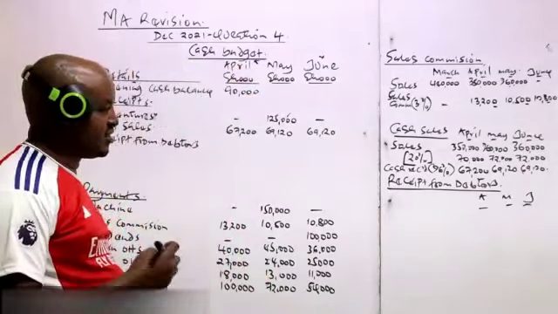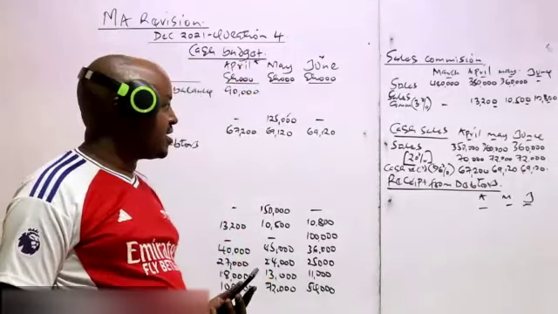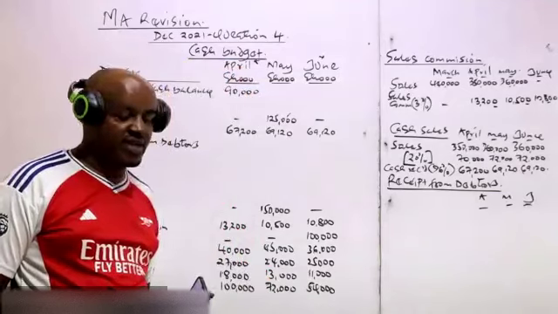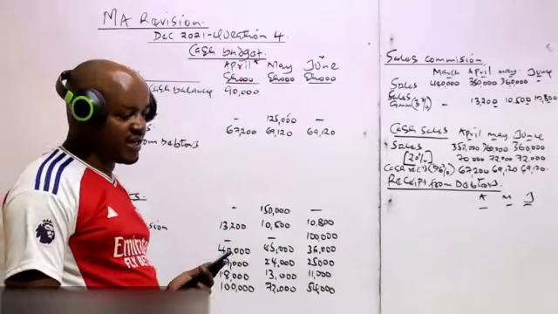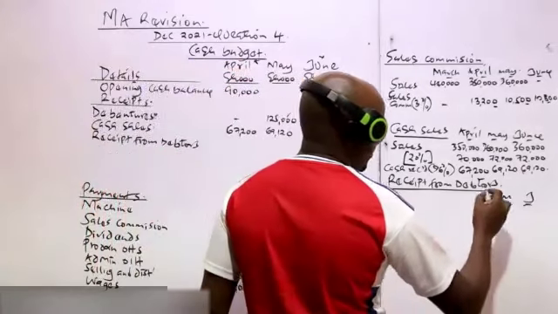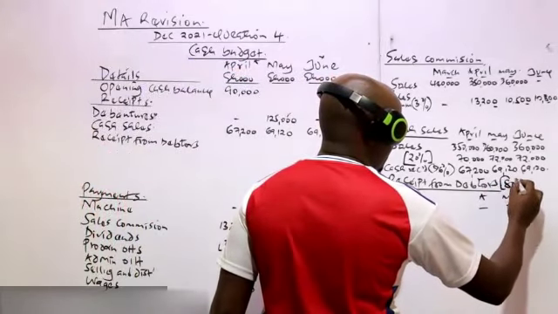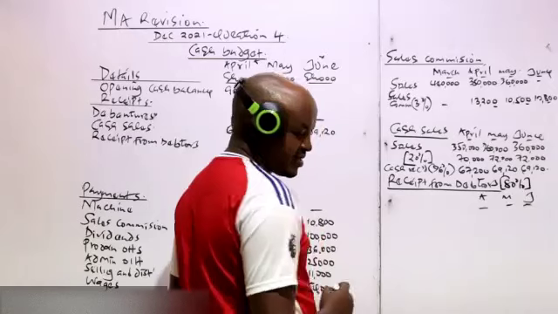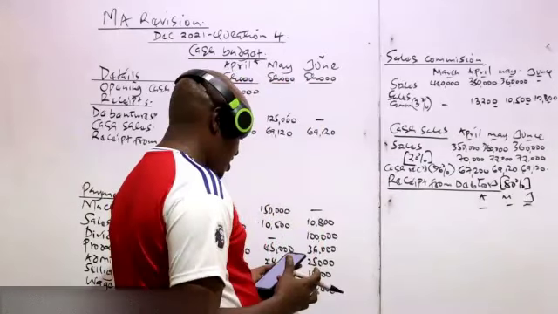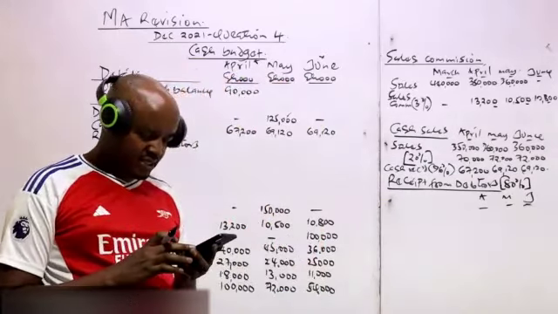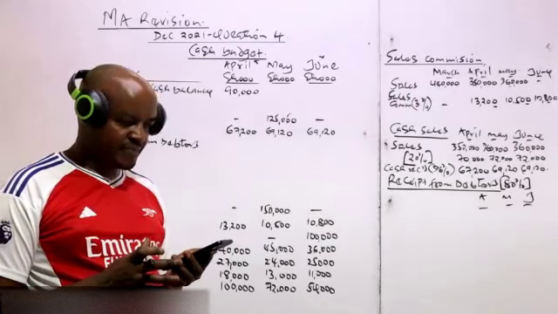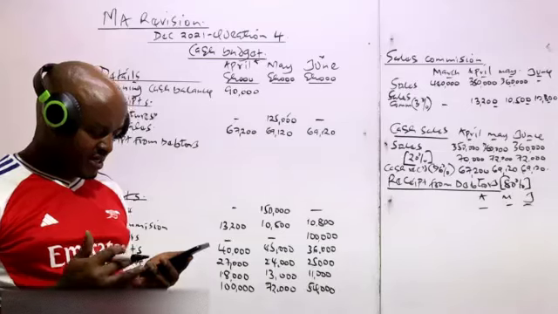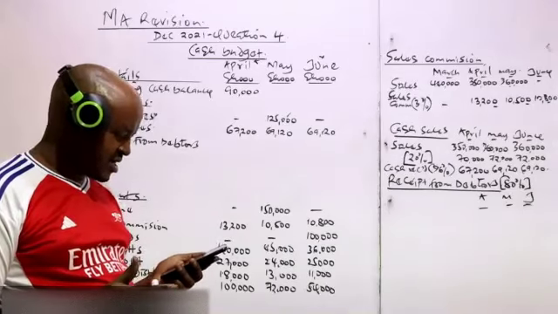Okay, so let's continue. What I was saying is that those debtors who pay in cash are 20%. It basically means that those debtors who do not pay in cash will be equivalent to 80%. We are told that 70% pay after 1 month, and then the others pay after 2 months.